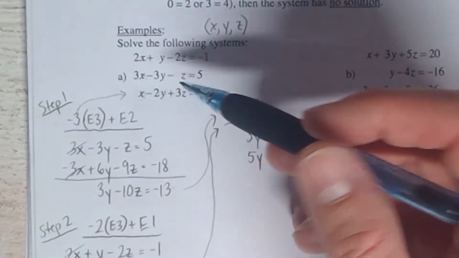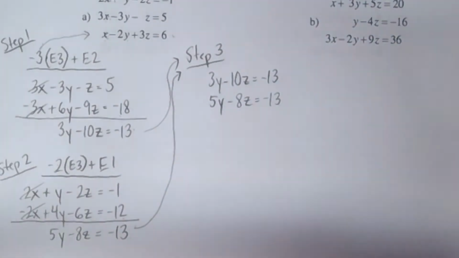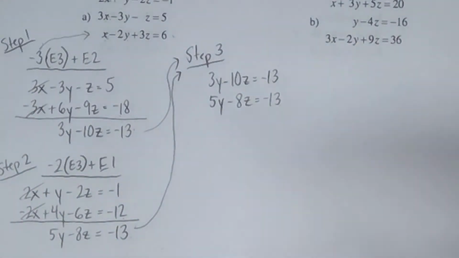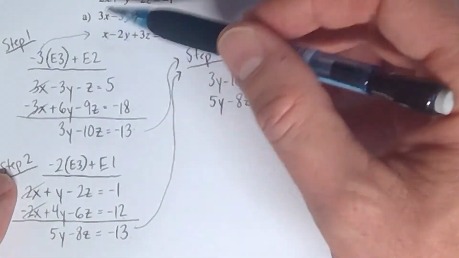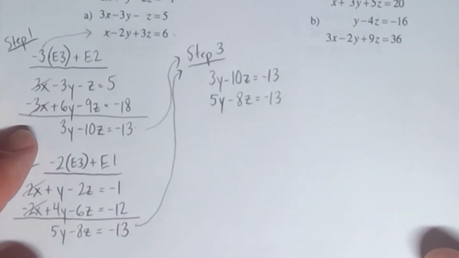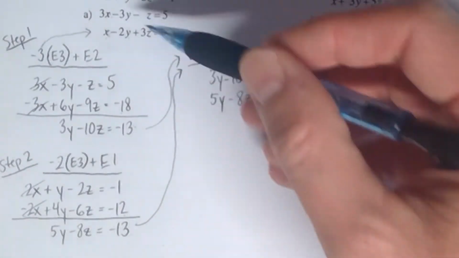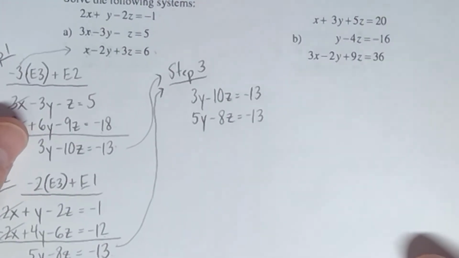When you're in step 3, you stay in step 3. It's like you're locked inside of a room and you're only allowed to deal with the equations inside of that step 3 room, so to speak, okay? You don't go outside of that and plug stuff into any of these out here. Let's keep that in mind. Eventually we'll get to step 4, and that's when some of these other equations will come back into play again, but not in step 3.